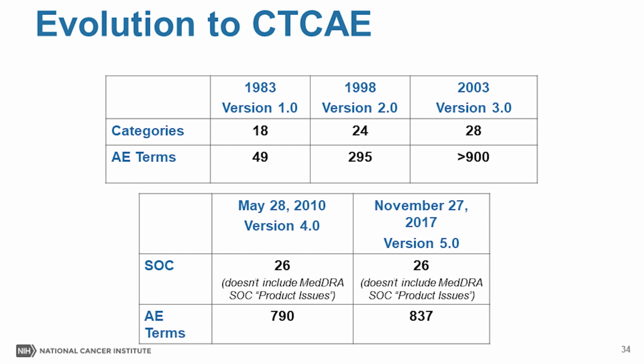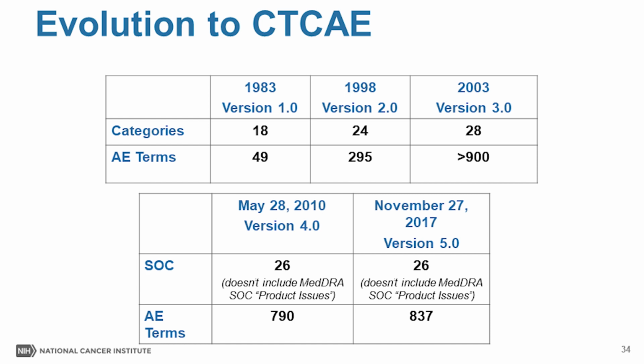This is just a brief evolution of CTCAE. Initially, there were categories and adverse event terms. You can see with each version, there were an increase in categories, which with version 4 in 2010 was harmonized with MedDRA's system organ class. And then the AE terms have also exponentially grown.